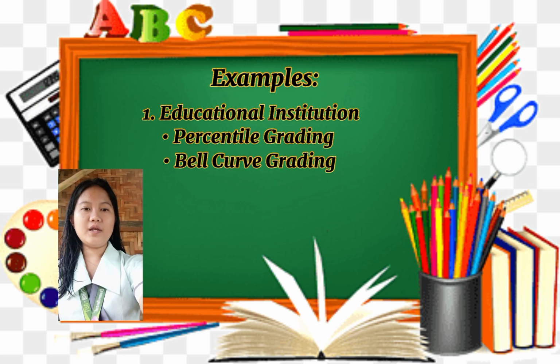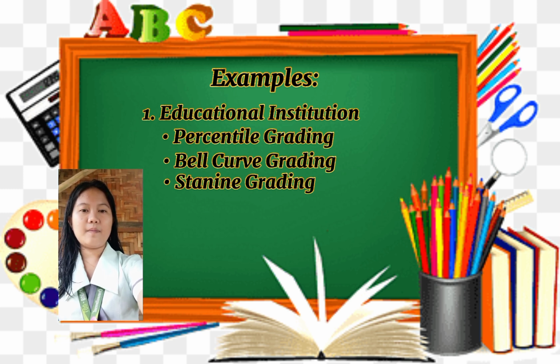In bell curve grading, grades are distributed along a bell curve with most students receiving average scores like C's and fewer receiving high A's or low F's. In stanine grading, students are ranked on a 9-point scale with 1 to 3 being below average, 4 to 6 average, and 7 to 9 above average.